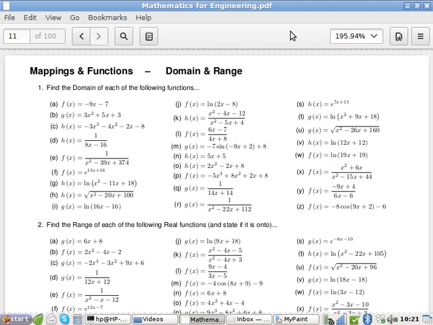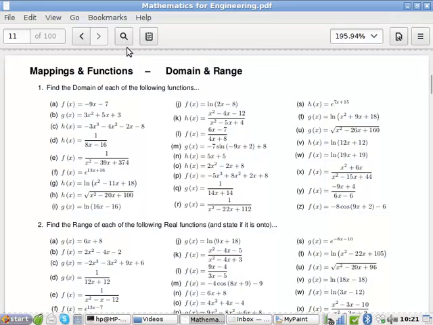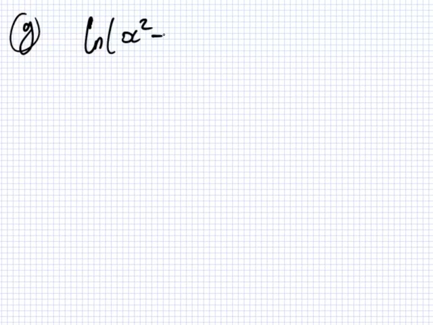G, now let's do G together. Now it's getting interesting. G is log of x squared minus 11x plus 18. So what is the problem for log?